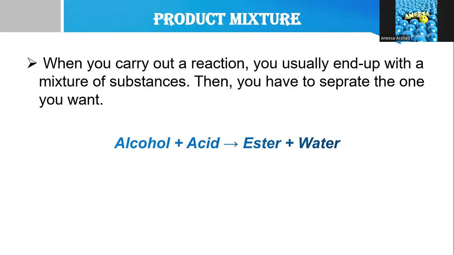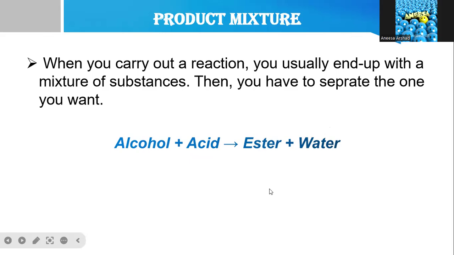But when we synthesize it by mixing an alcohol and an acid, any alcohol, any acid that we choose according to the ester we need to synthesize, whenever we combine an alcohol and acid together, we get ester and water. Like we get a mixture of products, which are ester and water, and not a single ester.